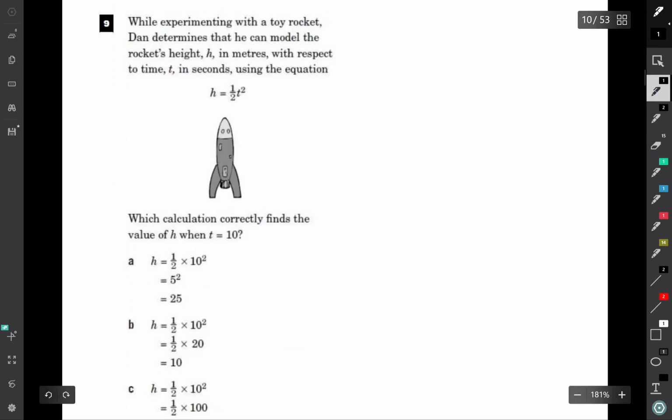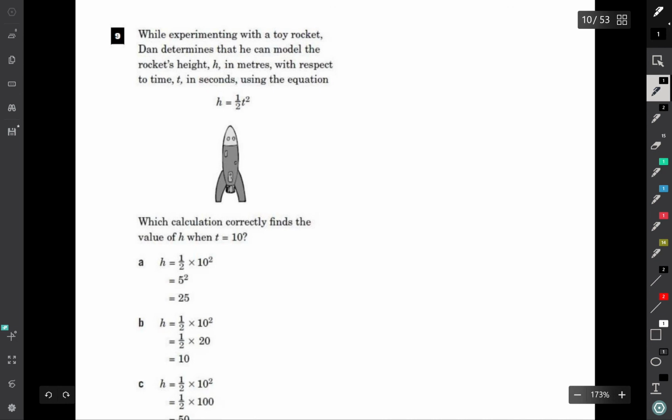Okay, let me read this. While experimenting with a toy rocket, Dan determines that he can model the rocket's height, h, in meters with respect to time in seconds, using the equation h equals 1/2 t squared.